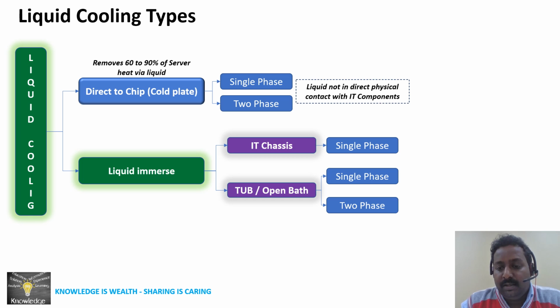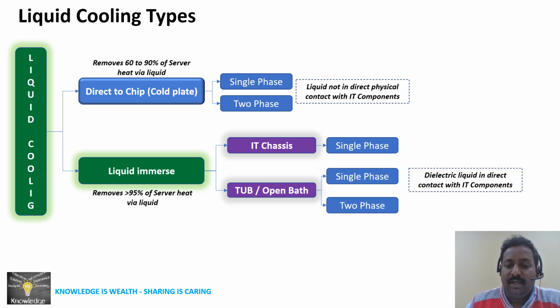But in liquid immersion cooling in a bath, we can extract more than 95% of the heat rejected by servers. In this type, the fluid, an engineered electro fluid, is in direct contact with the IT component. The IT components are immersed in this dielectric fluid. So let us go quickly through all these types and how they work.